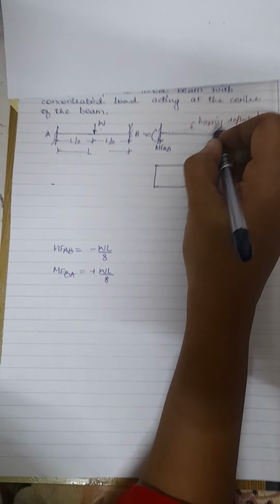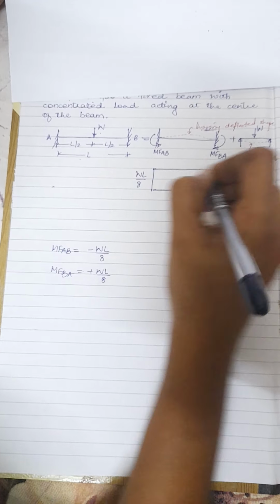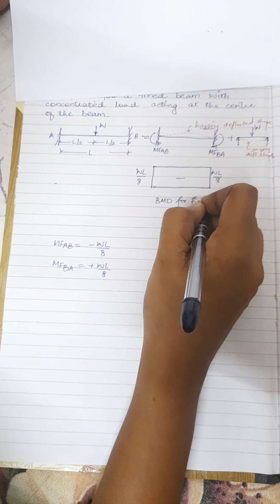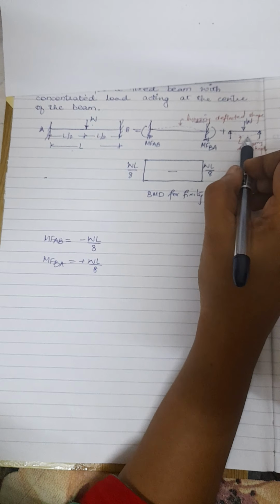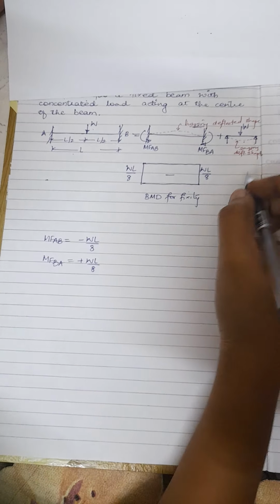Now because of this fixity we have this bending moment, so let us draw this. It tries to hogging, so this is negative and this value is WL by 8 and WL by 8. This is BMD for fixity. What happens in a simply supported beam without fixity, when there is W?